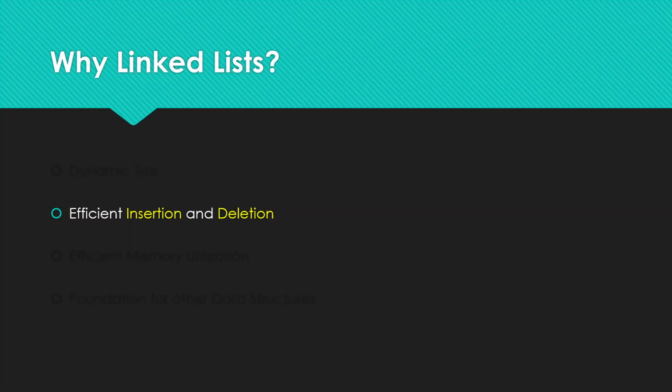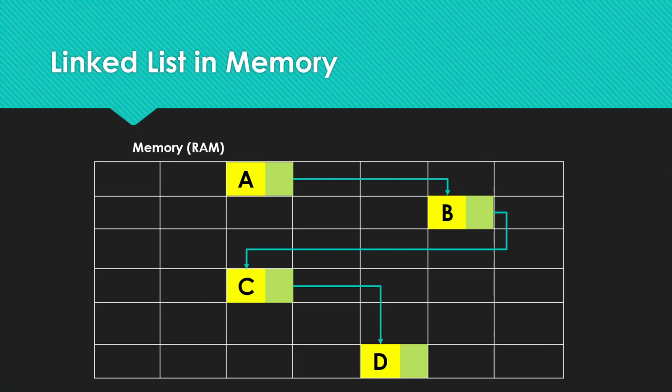So if we have an insertion or a deletion, we have to shift items, and that becomes a very expensive operation. But with a linked list, if we want to insert another item, for example here, we are simply going to change the next for B here to point here, and then this one is going to point here, like that.